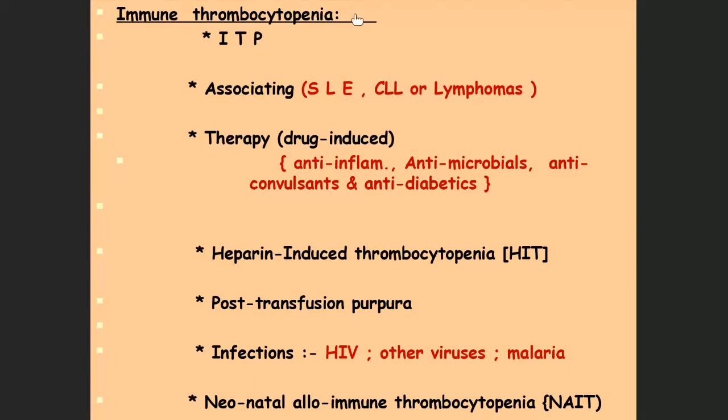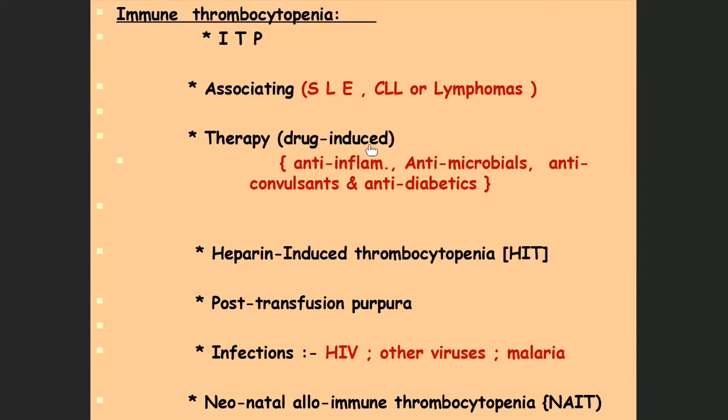Immune thrombocytopenia or idiopathic thrombocytopenia. Thrombocytopenia due to antigen-antibody reaction includes ITP, idiopathic. It can be associated with lymphoproliferative disorders such as CLL and lymphoma, or autoimmune diseases such as SLE.